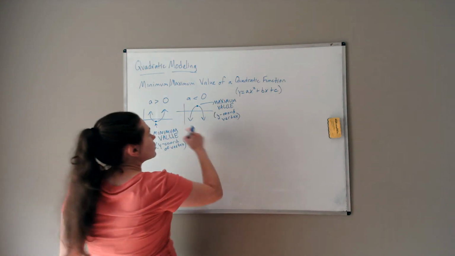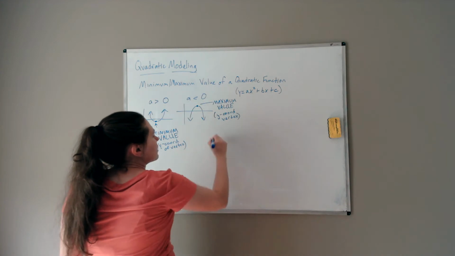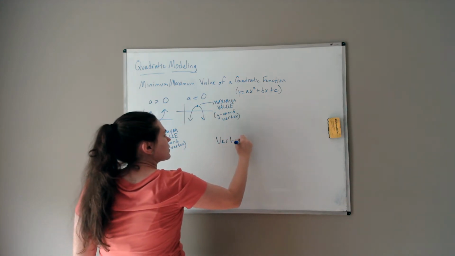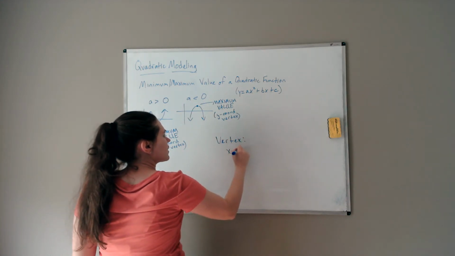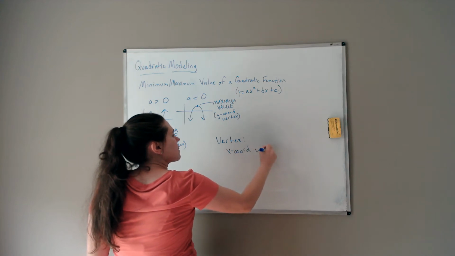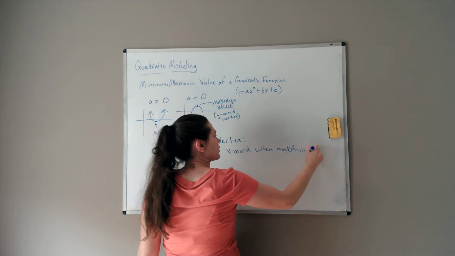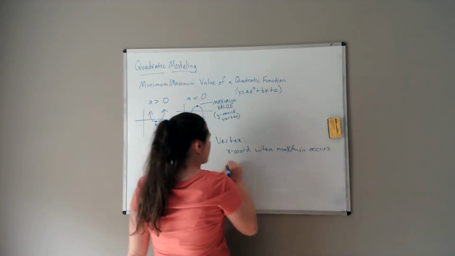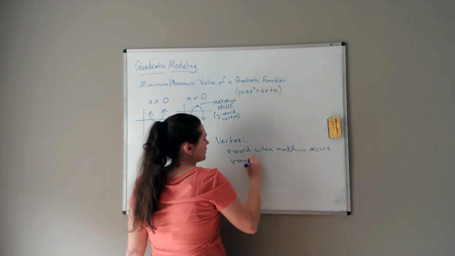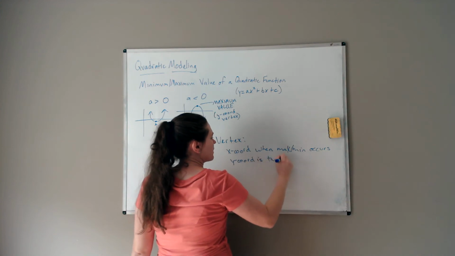So when you're talking about maximums and minimums of the vertex, the x coordinate is when that max or min occurs, and the y coordinate is the max or min value.